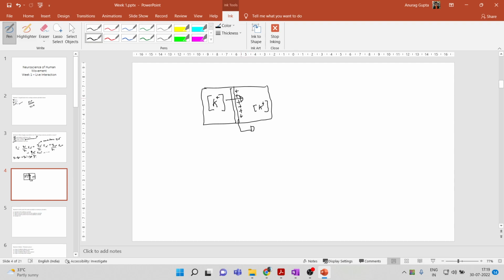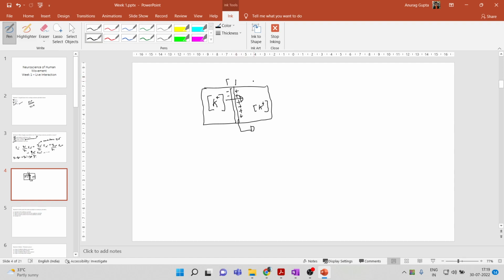Even though there is still a concentration gradient, the potassium ion will not be able to cross the membrane. Due to this voltage, it won't be able to cross, and this voltage is called the equilibrium potential or the Nernst potential.